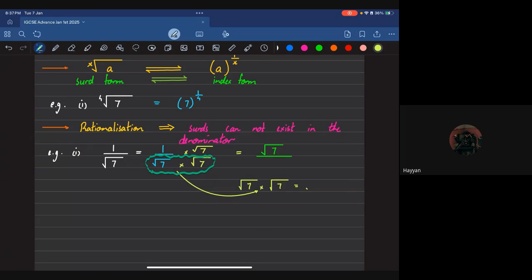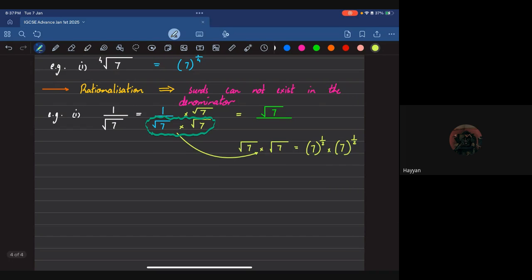Now we already know that if I want to write it in index form, I'm going to write it as 7 raised to the power 1 over 2, multiplied by 7 raised to the power 1 over 2. Why? Because it's square root. Now, keeping this in mind, what's going to happen now?